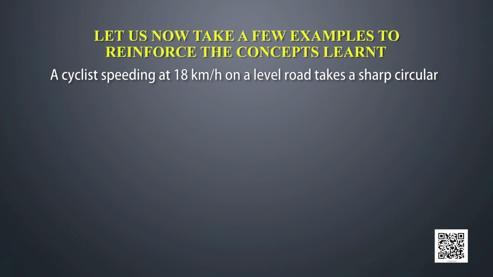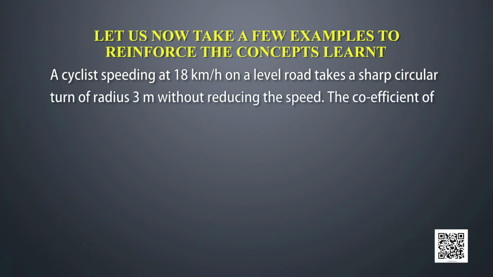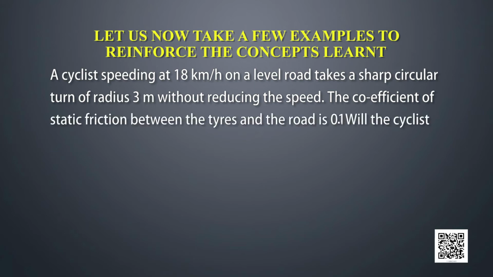Here, as an example, we have a cyclist speeding at 18 km per hour on a level road, taking a sharp circular turn of radius 3 meter without reducing the speed. The coefficient of static friction between the tires and the road is 0.1. Will the cyclist slip while taking the turn?